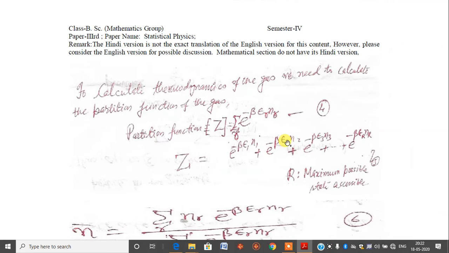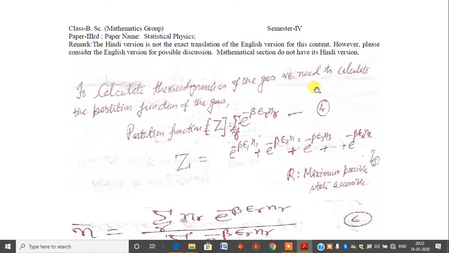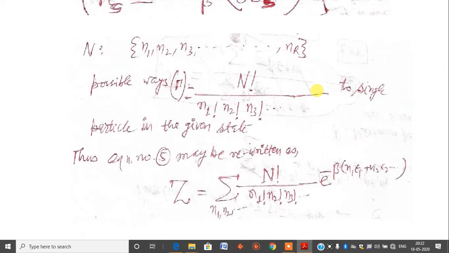So according to this equation number 2, the number of molecules is fixed. So the possible ways in which these molecules can be distributed in different energy states, for all possible values of small r, the Rth energy state.